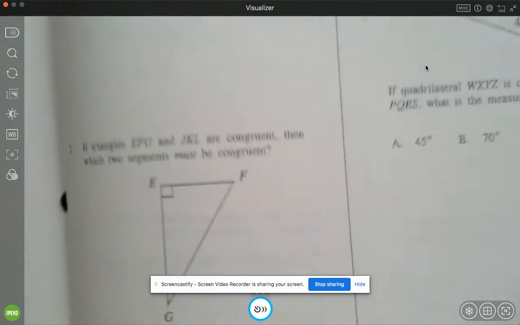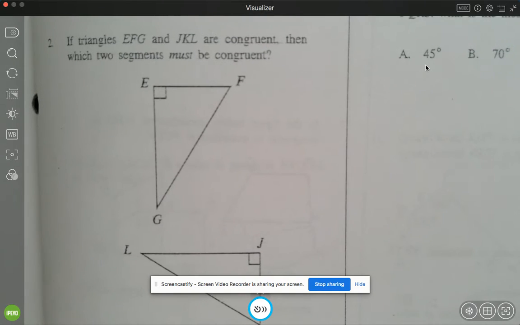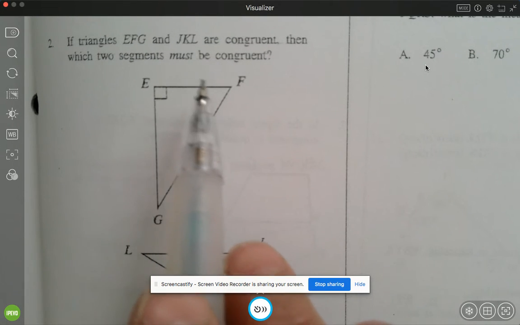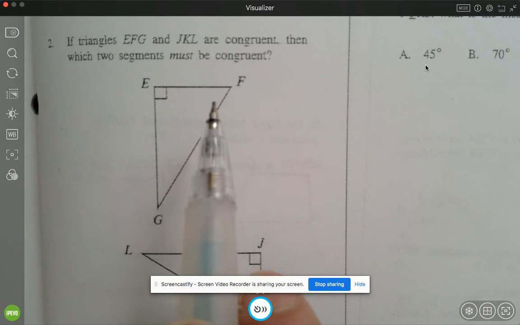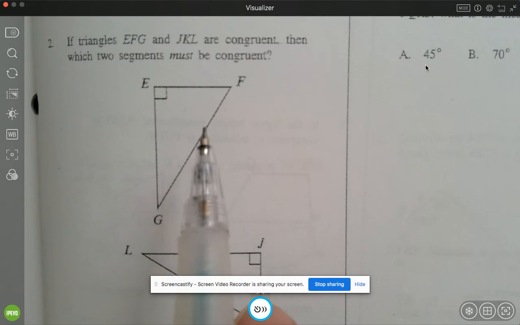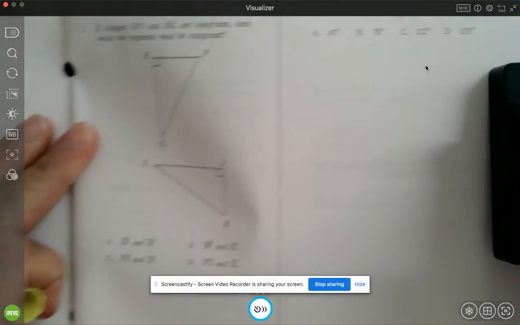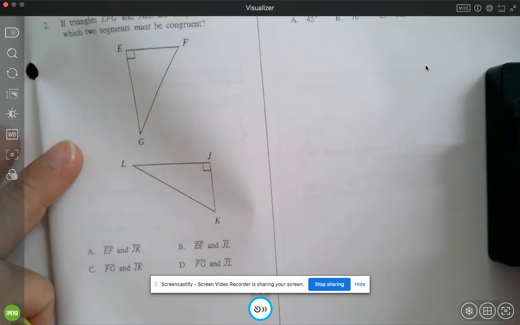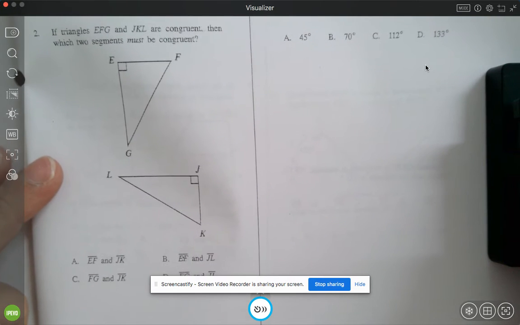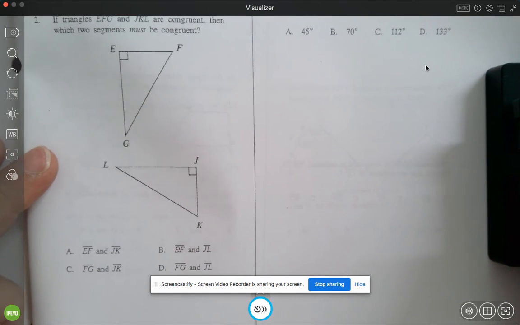Number 2. Another set of congruent figures. If triangle EFG and JKL are congruent, then which two line segments must also be congruent? So let me just zoom this out here. You hopefully could be following along on page 27 of your packet. So let's see here.